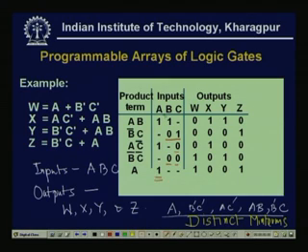So, if these are the min terms available, then the first output W is A plus B dash C dash.